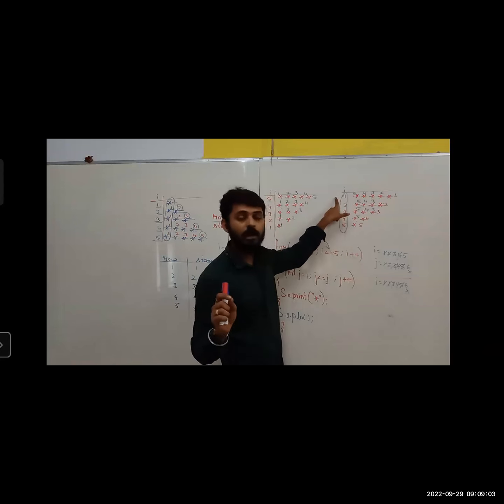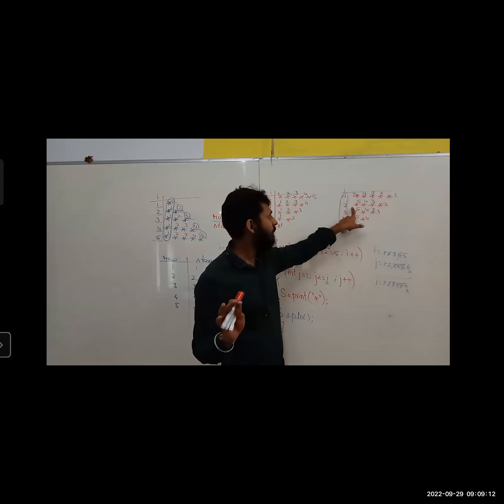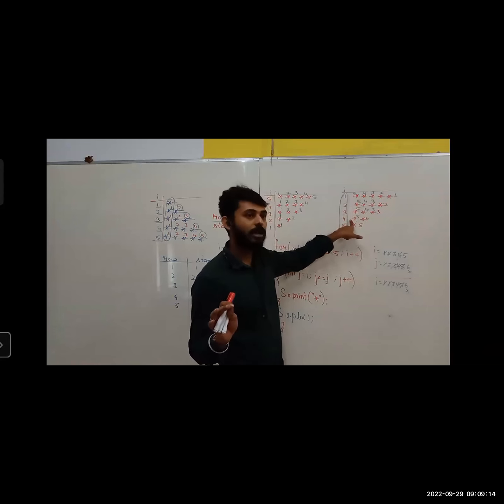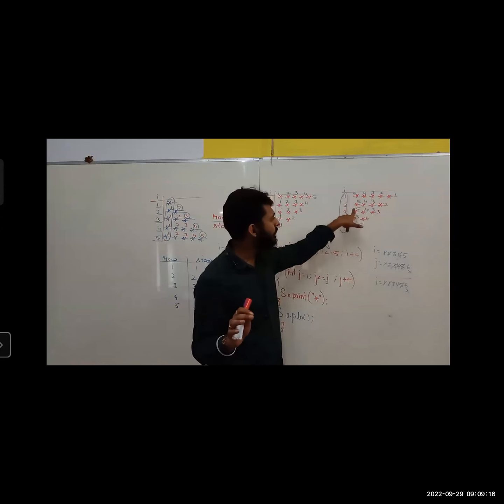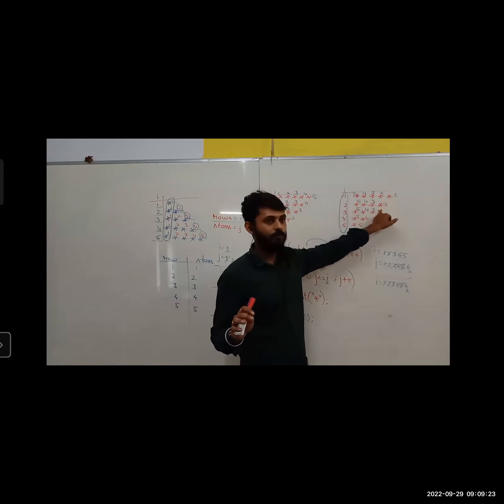If I start j equal to I, what will happen? This star's value will be 1, this 2, this 3, this 4, this 5. If you are starting here with 2, where will you end? 2, 3, 4, 5.